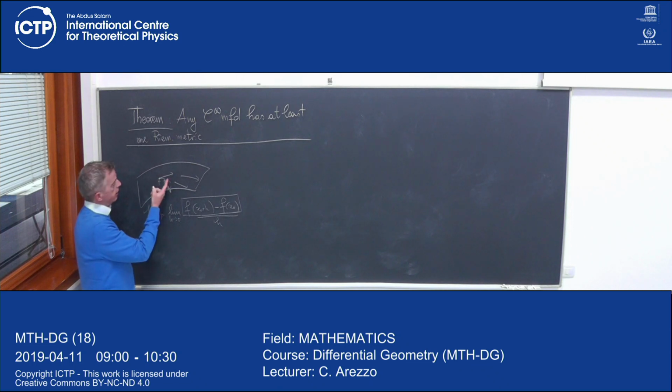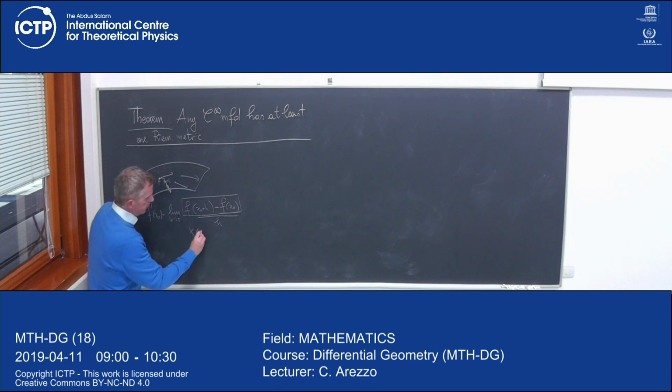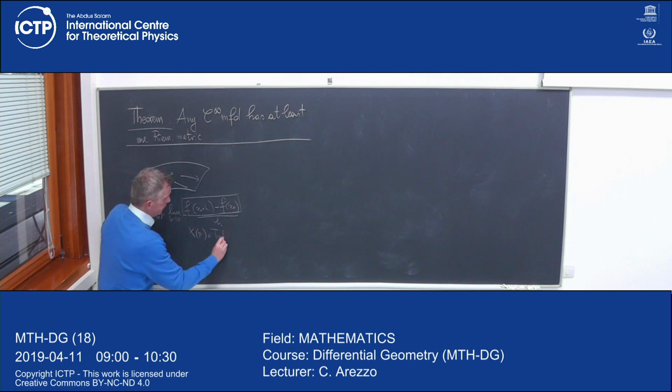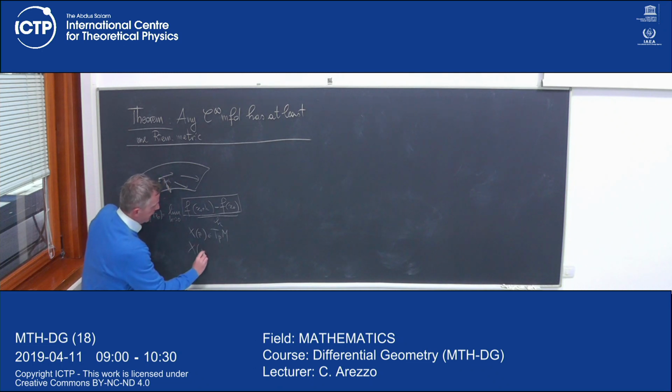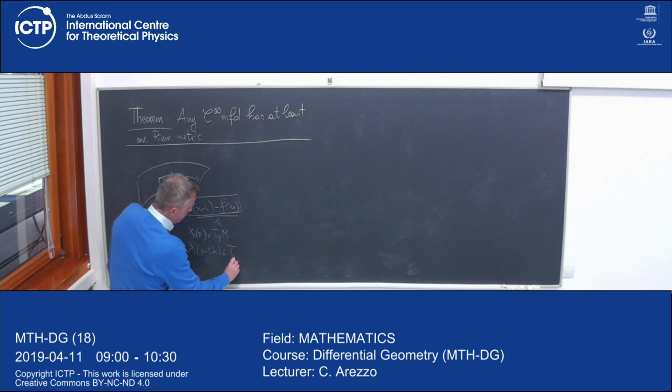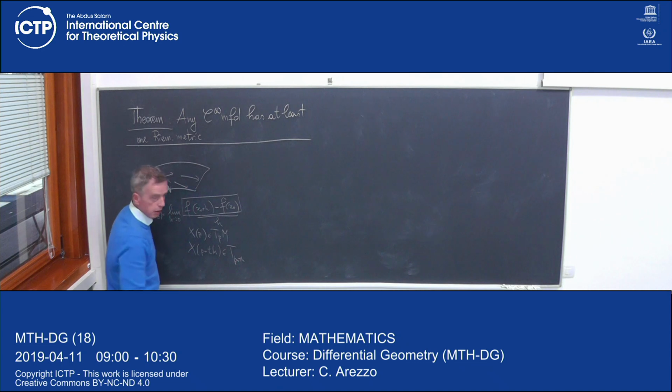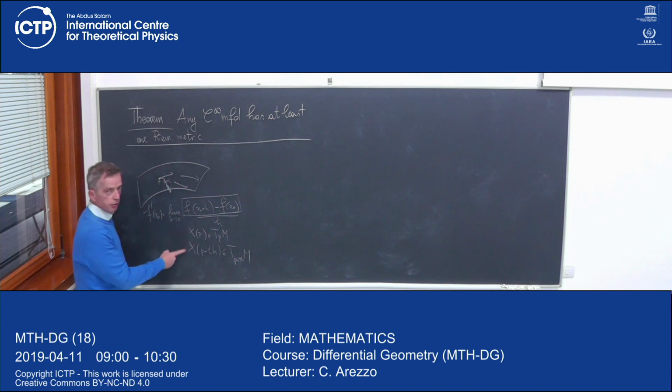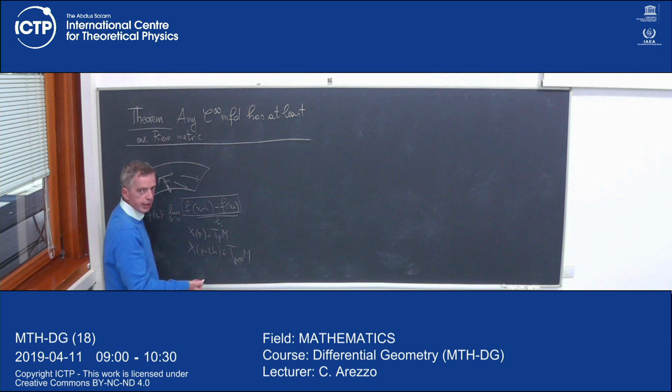Because the tangent vector field X of P will be in T_P M, and X of P plus th, or whatever you mean by that, will be in T_{P+th} M. So what do I mean that these two things are the same? In fact, even what does it mean to be constant? Because there is no general way to take a vector here and compare it to a vector here.